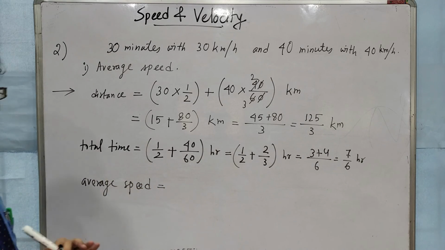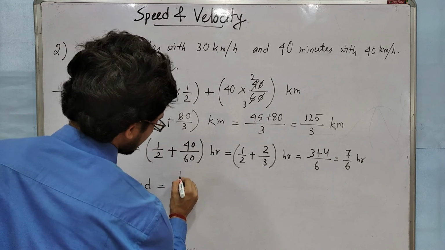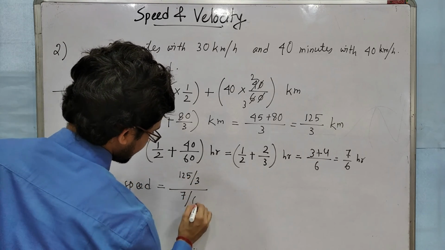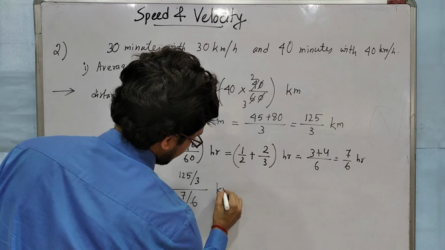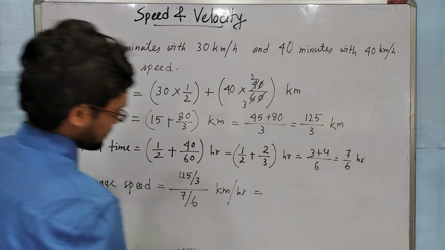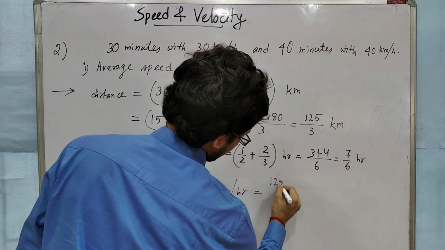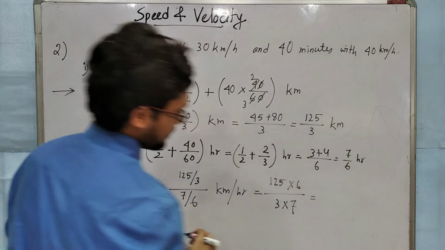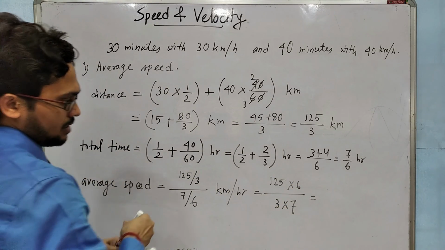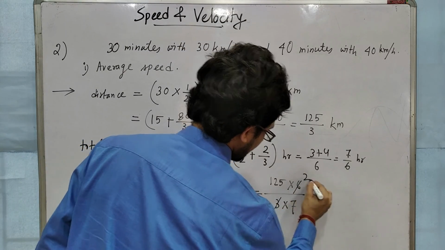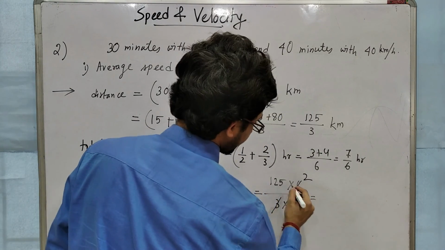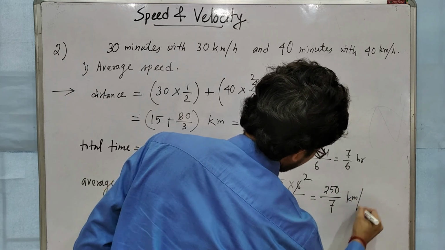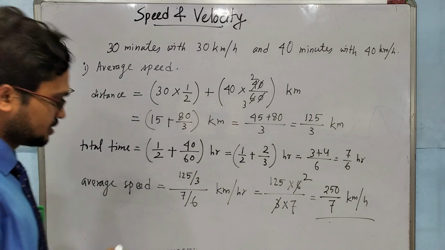Average speed is total distance by total time. Total distance 125 by 3, total time 7 by 6. This is in kilometer per hour. Now it will be 125 into 6 by 3 into 7. Three into 2 is 6, so 250 by 7 kilometer per hour. Okay, so this is the answer.